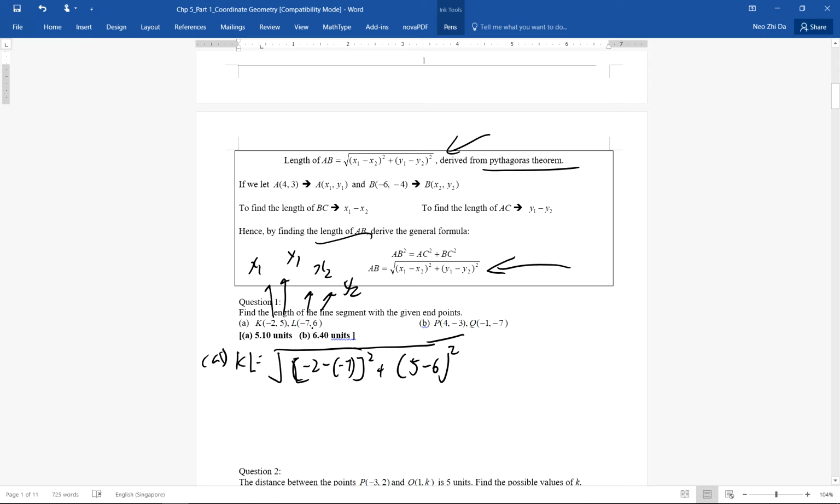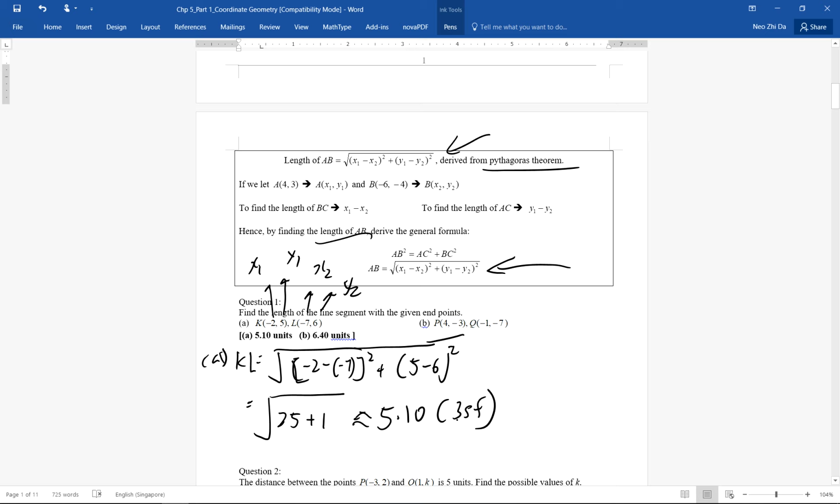If there's a negative, you got to be very careful: big bracket, then minus bracket, minus. Negative negative becomes positive, so negative 2 plus 7 is 5. 5 squared is 25. 5 minus 6 is negative 1. Negative 1 squared is 1. Square root of 26. Rounded to 3 significant figures, the answer is 5.10.